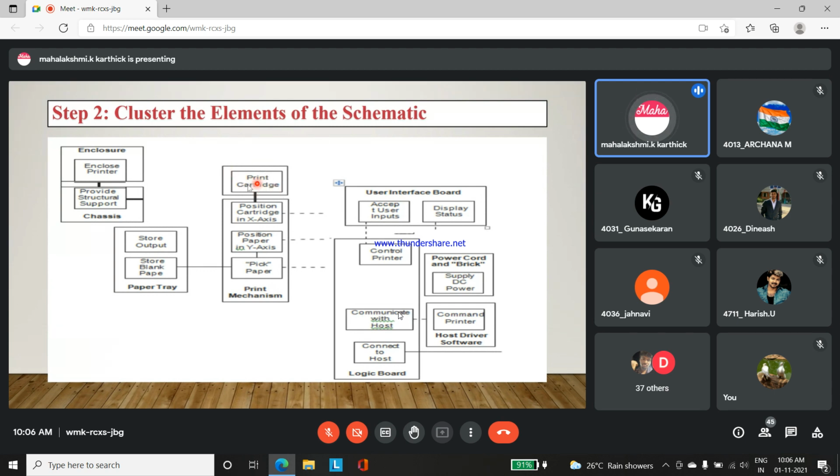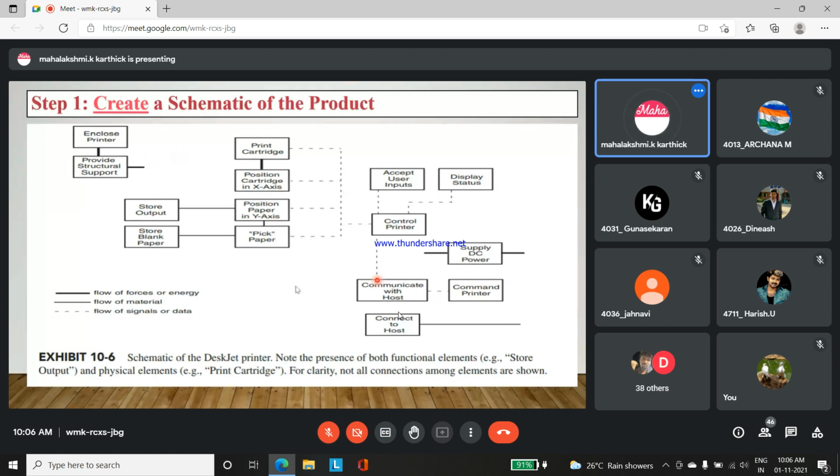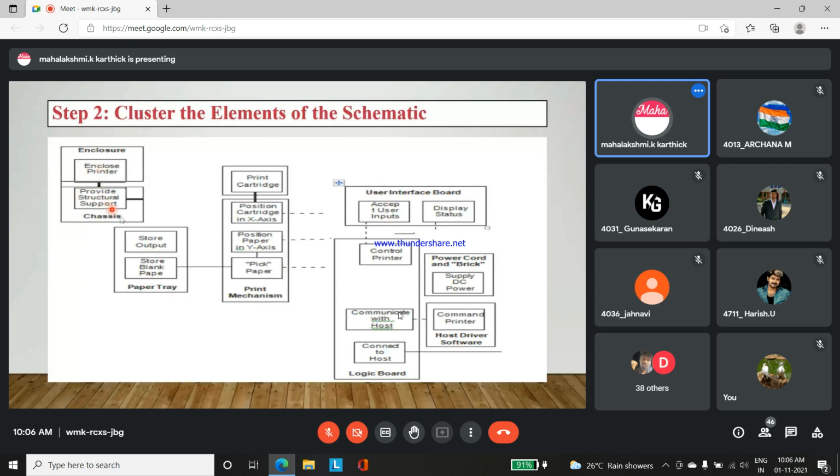As you all know, in the printer the print cartridge is a frequently used component, so it should be easily replaceable. So they have grouped it separately. They have not combined it inside the print mechanism. So understand, in the step 1 process there were 15 elements found. When we go for the step 2 process, we have grouped them into 9: 1, 2, 3, 4, 5, 6, 7, 8, 9. Nine separate clusters.